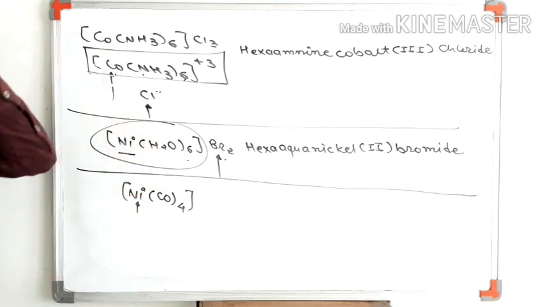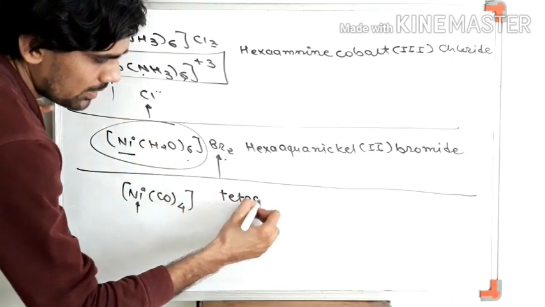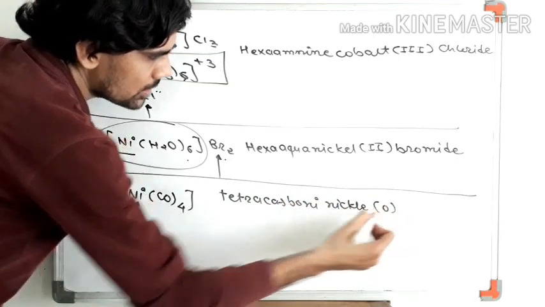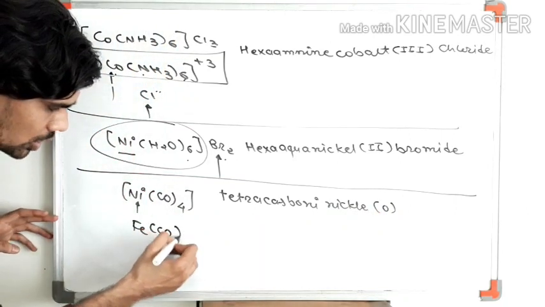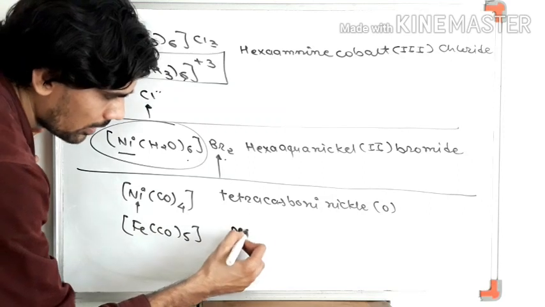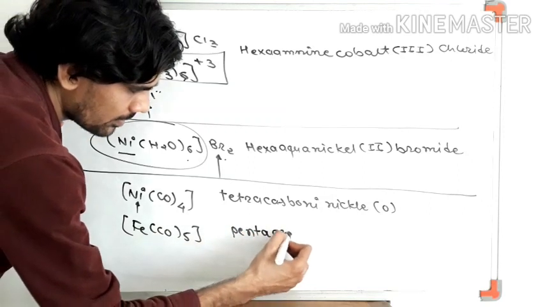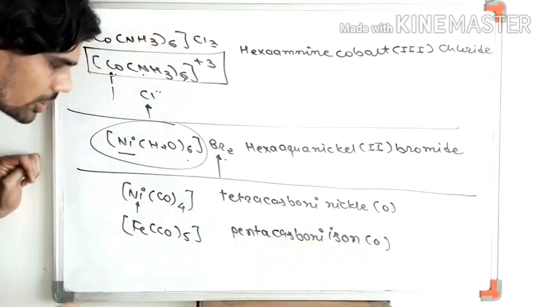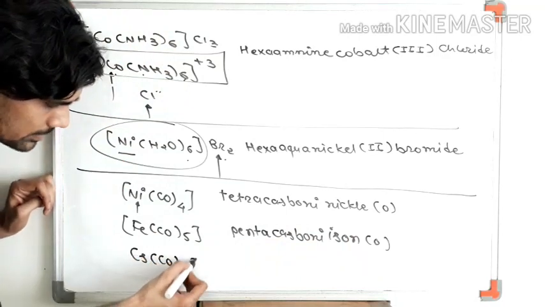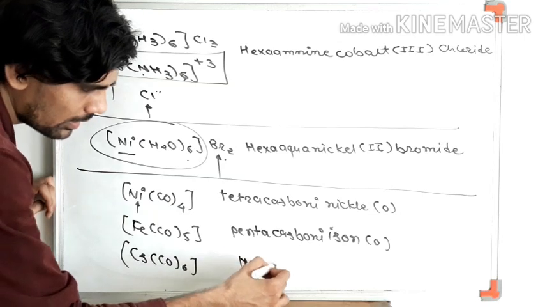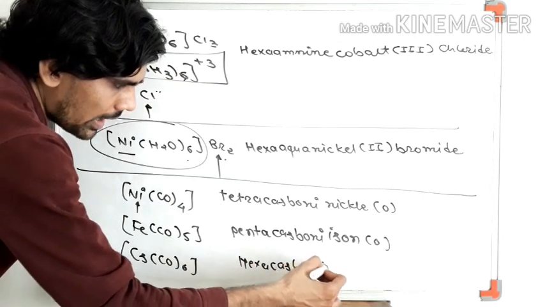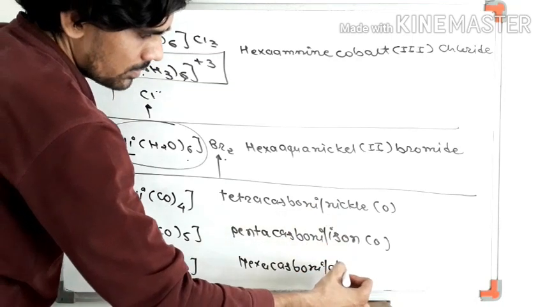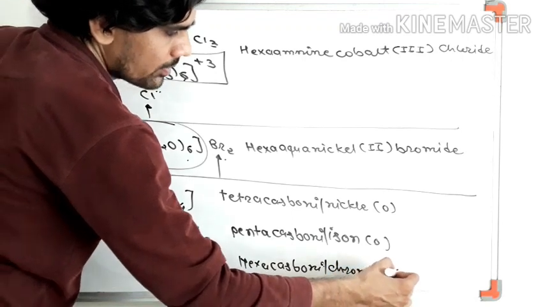If it is negatively charged, you have to apply -ate. Here tetracarbonylnickel 0, like [Fe(CO)5] means pentacarbonyliron 0, like [Cr(CO)6] hexacarbonylchromium 0.